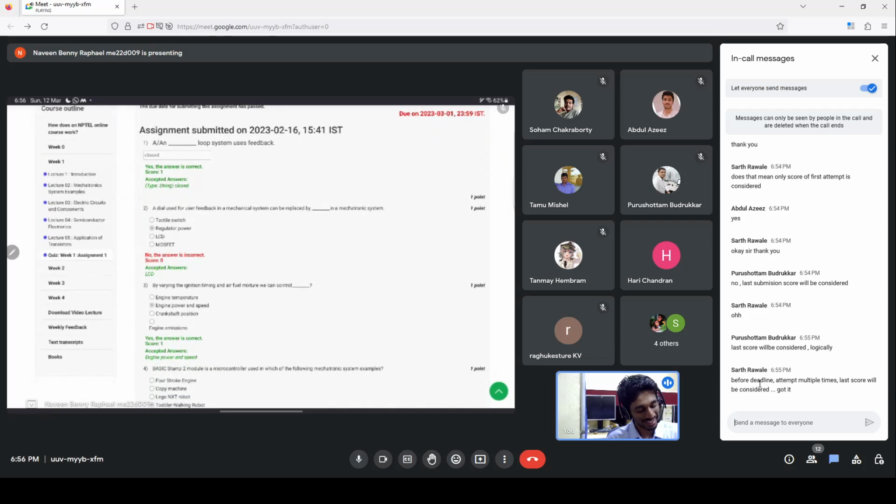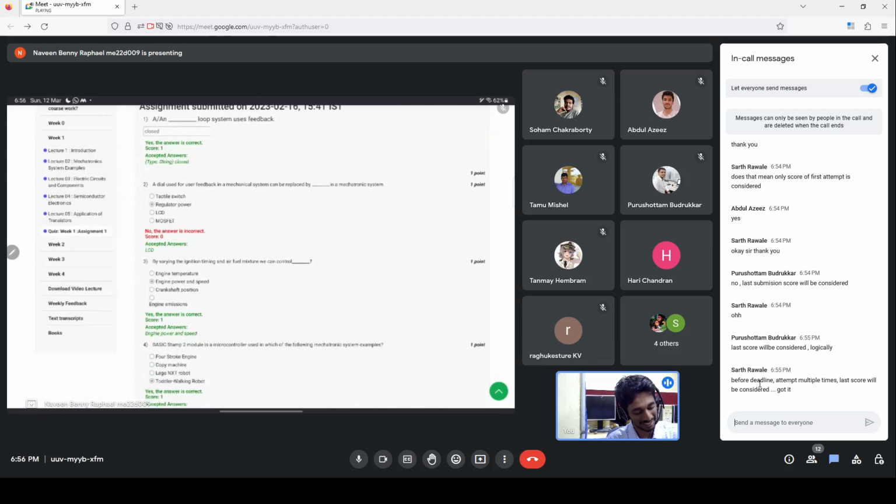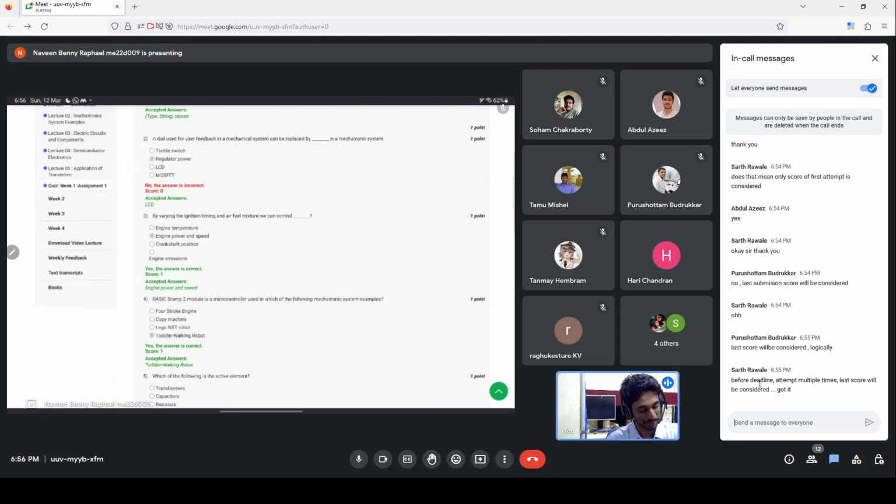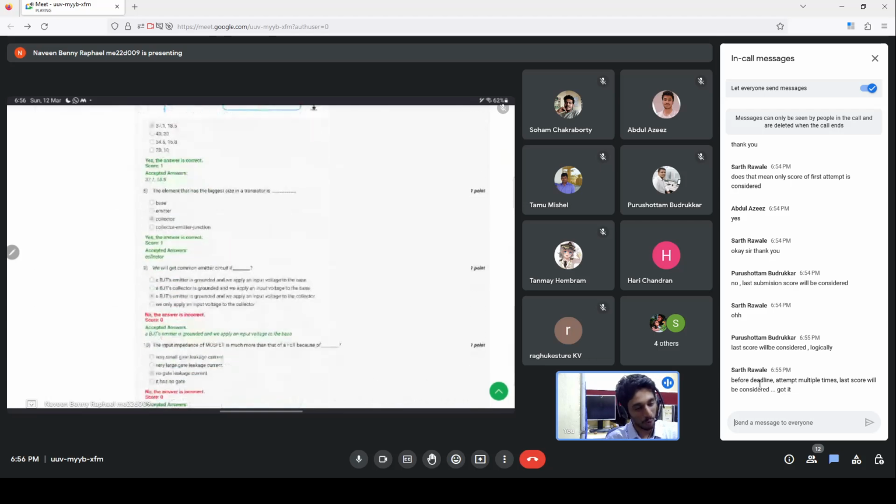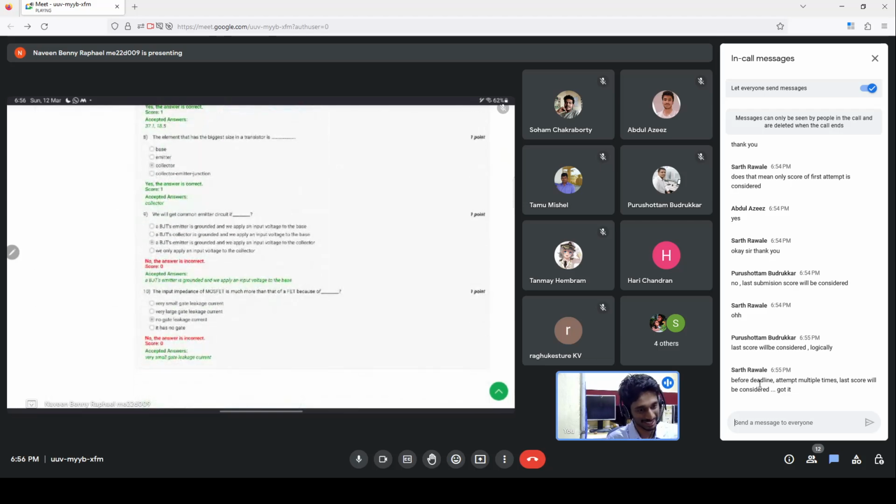He can say the first answer is tactile switch, the first answer is engine temperature, write all the answers, submit it, and then proceed through all the remaining 10,000 combinations, and then he'll get a high score, which is not right. So I think only the last score should be considered.